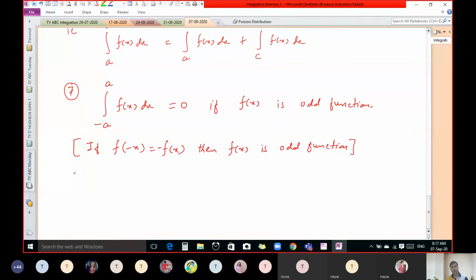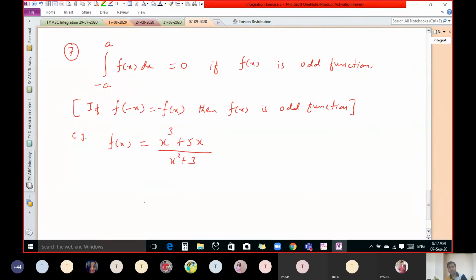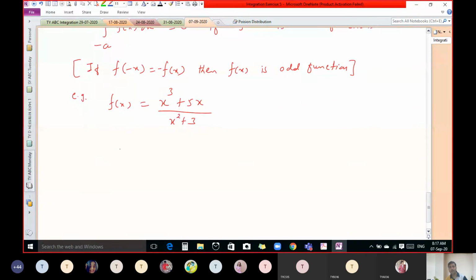Let us take one small example. F of x equal to x raised to 3 plus 5x upon x square plus 3. If this is the function, and if you want to check whether it's odd function or not, what you require to do, in place of x you have to write minus x.